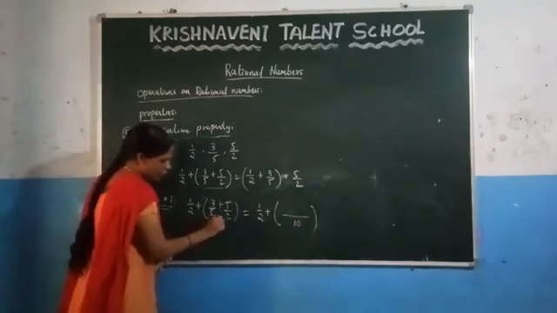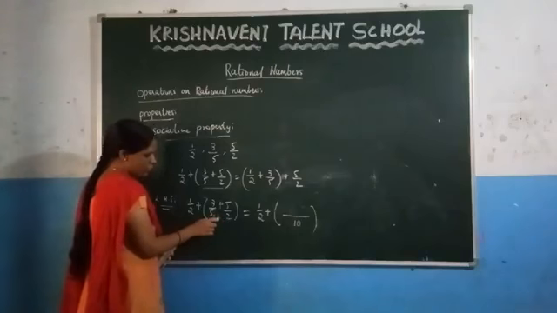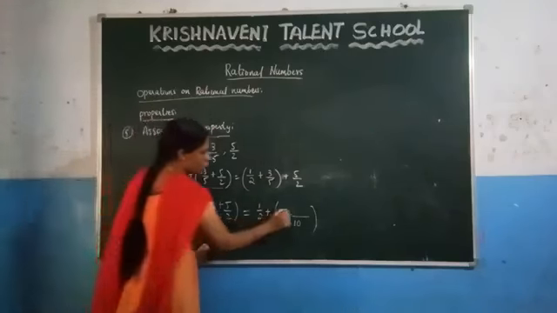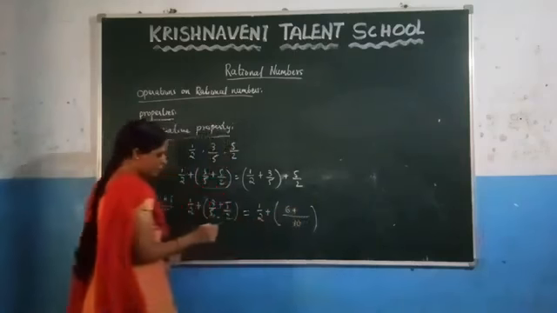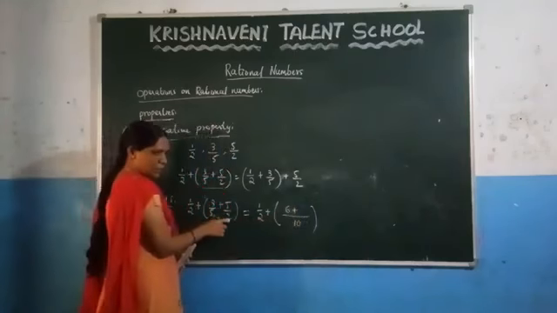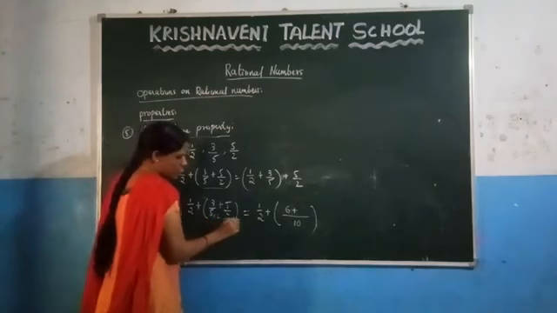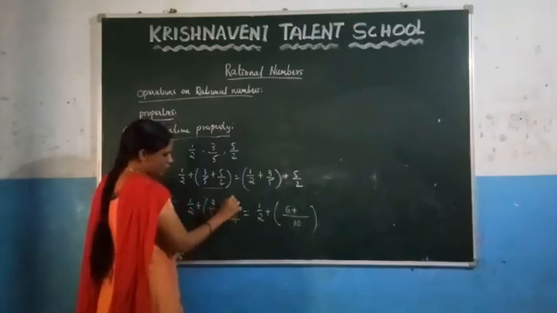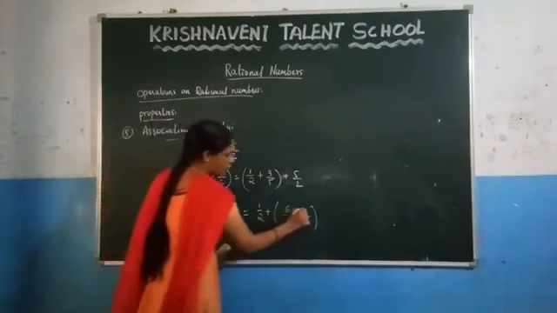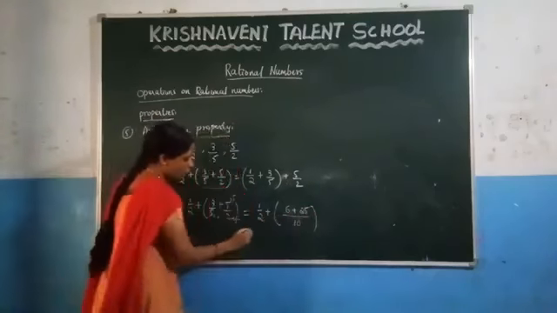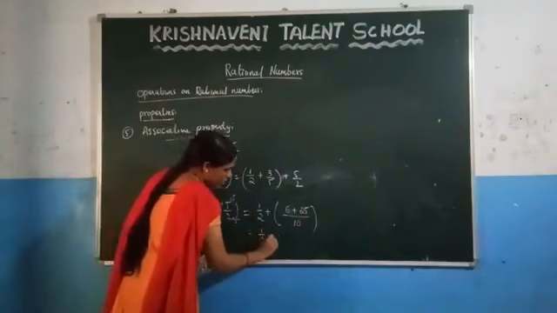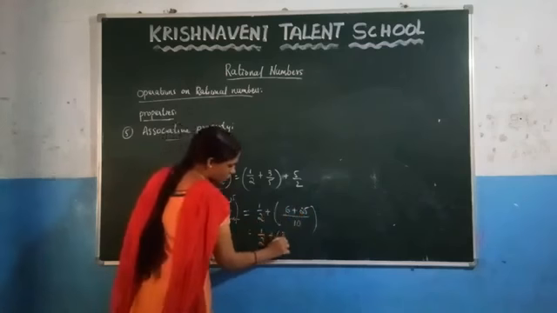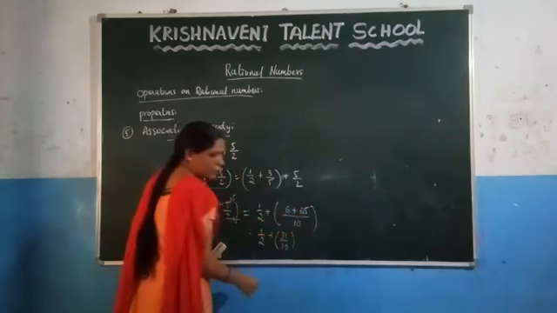You know that 5 into 2 is 10, so you multiply 2 to the numerator. 3 into 2 is 6, plus here, which number do you have to multiply? You have to multiply with 5 so that you get 10. 5 into 5 is 25. So here 1/2 plus, 25 plus 6 is 31/10.